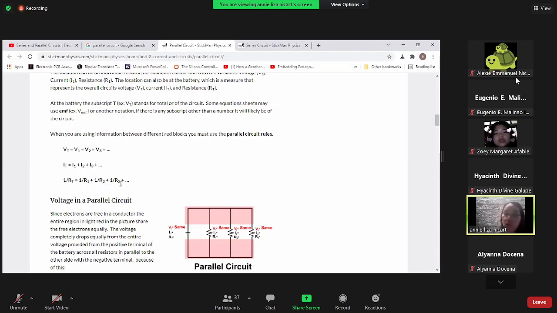So if we are going to add more loads in parallel, what do you think will happen to the total resistance of the circuit? Madako, maguti? Dako, guti.